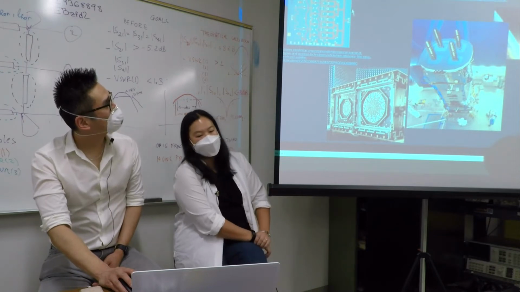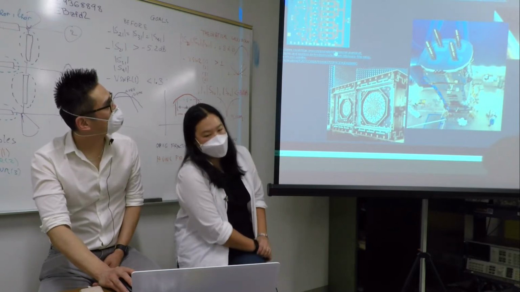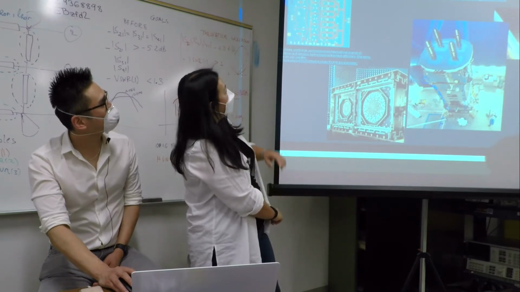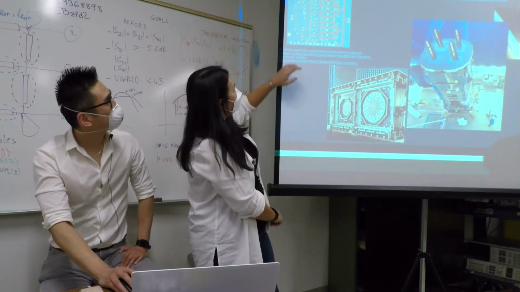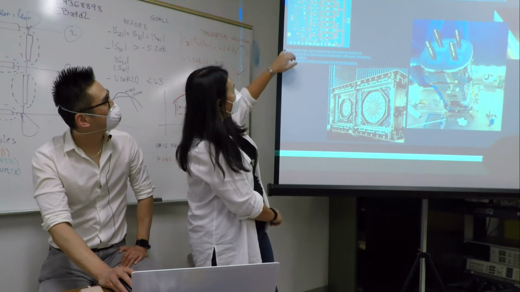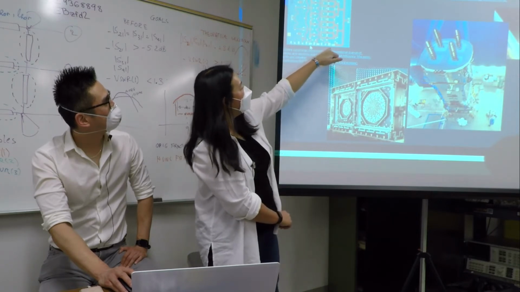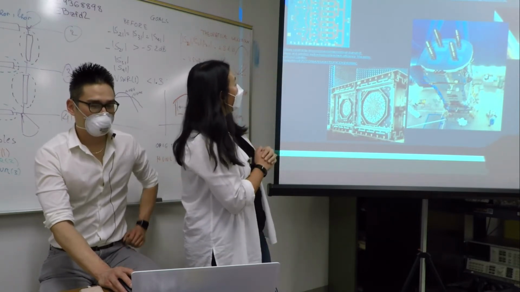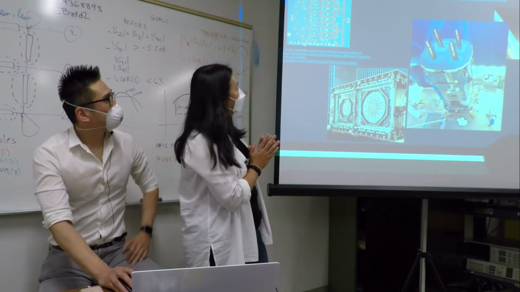For those of us who've never looked at a die like this, what are the important features that are part of microwave design? So we'll just go around the die. All of these pads here, we call them pads. They're gold. You see there's little marks on them, which means they probed them.